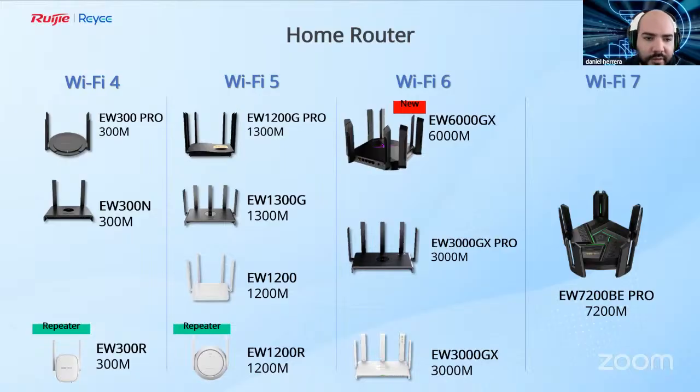Let's say for the EW1200G Pro. The EW1200G Pro is a dual band EC1300, which means that we can handle a 2.4 gigahertz signal and a 5G signal of 867 megabits per second. We have 6 external antennas, 1 gigabit WAN port and 3 gigabit LAN ports.